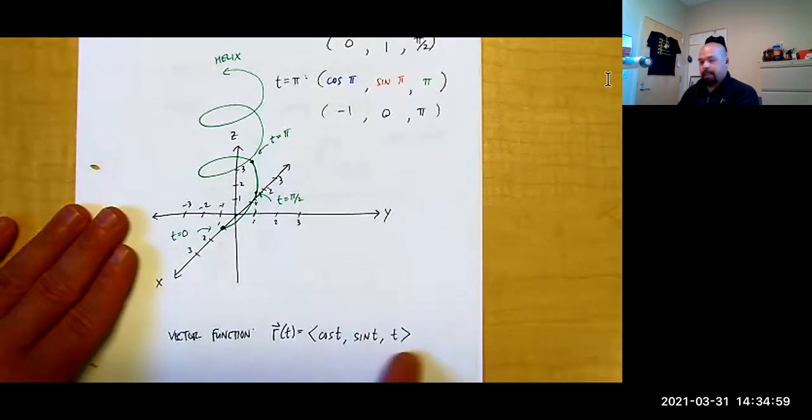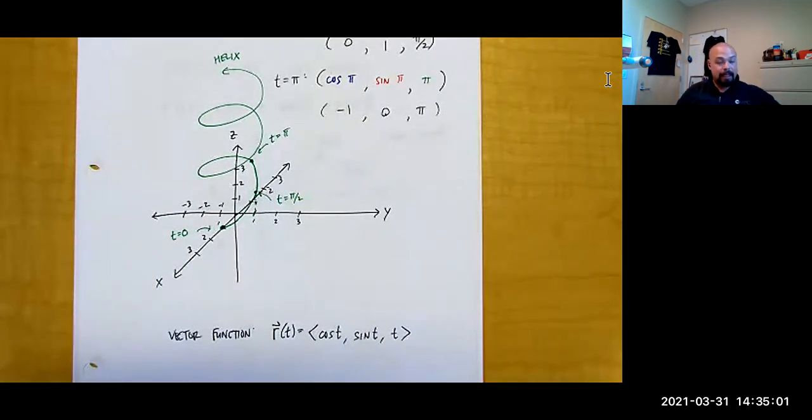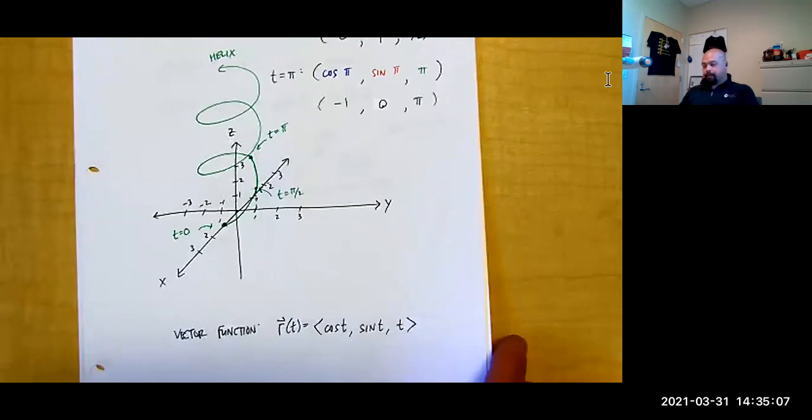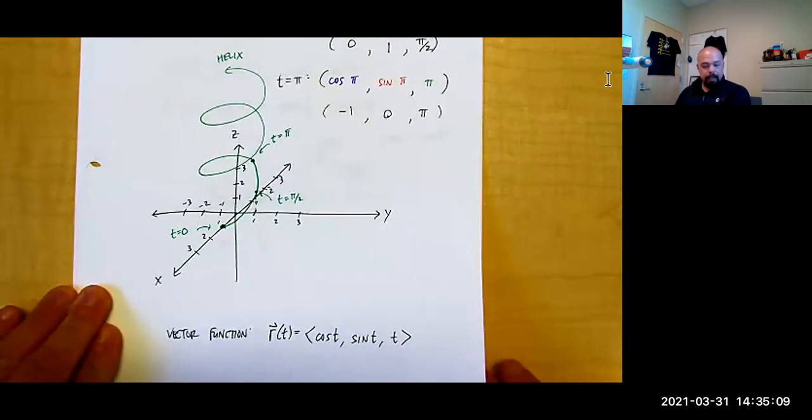So again, x, y, z. And we can represent that function, that space curve, in this manner as well.